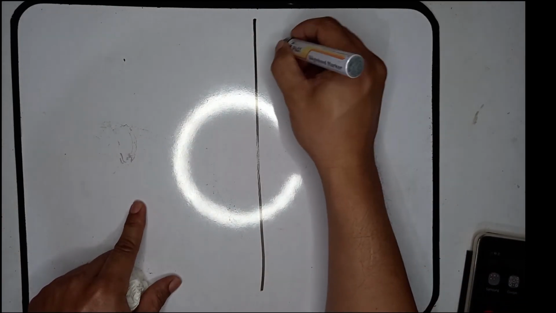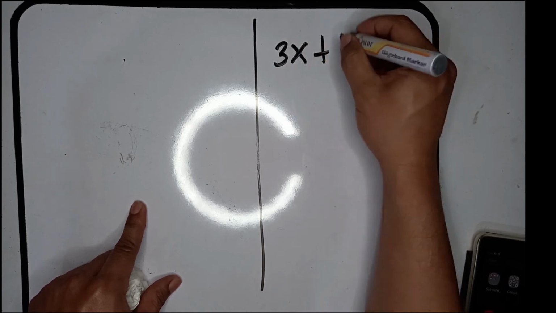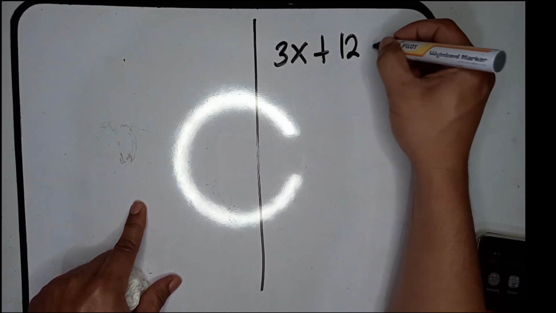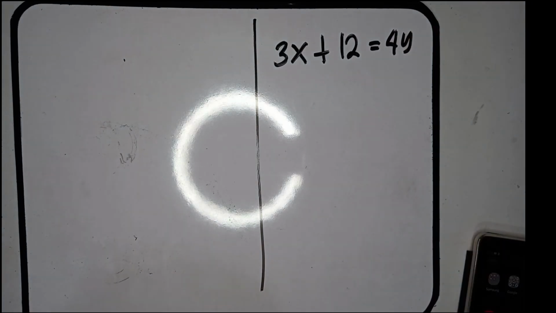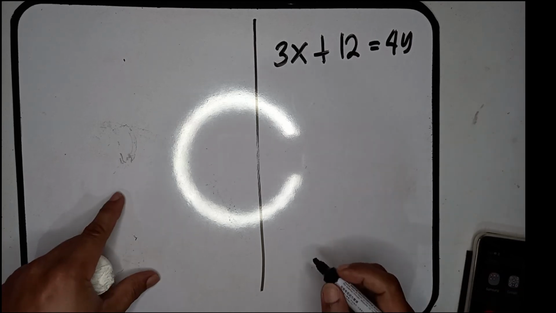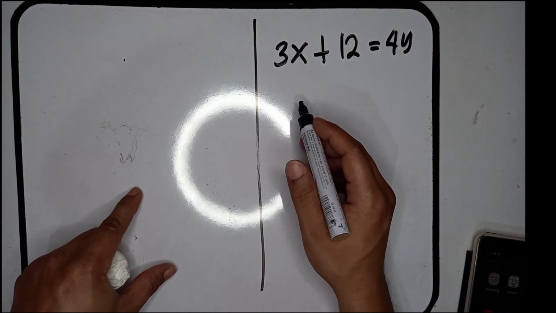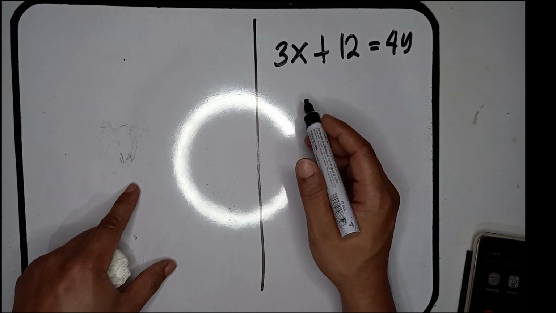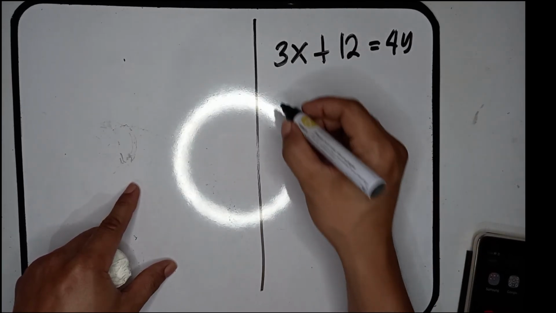And then let's have another example. Let's say we have 3x plus 12 equals 4y. Again, let's use the intercept method. Let's try to solve for our y. If we're going to solve y, we will assume that our x is 0.